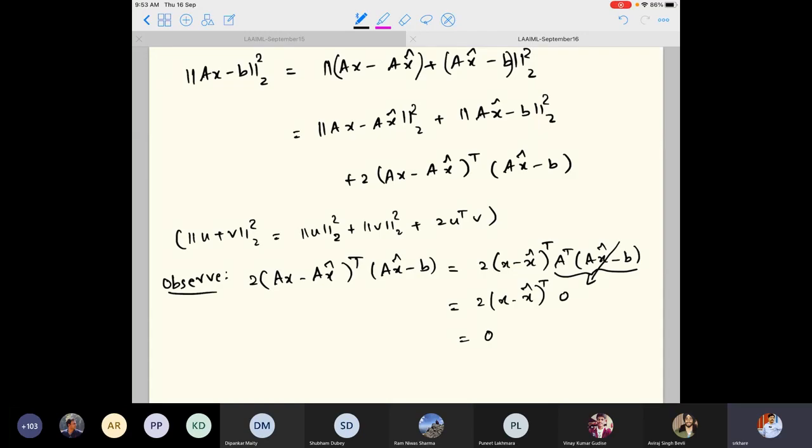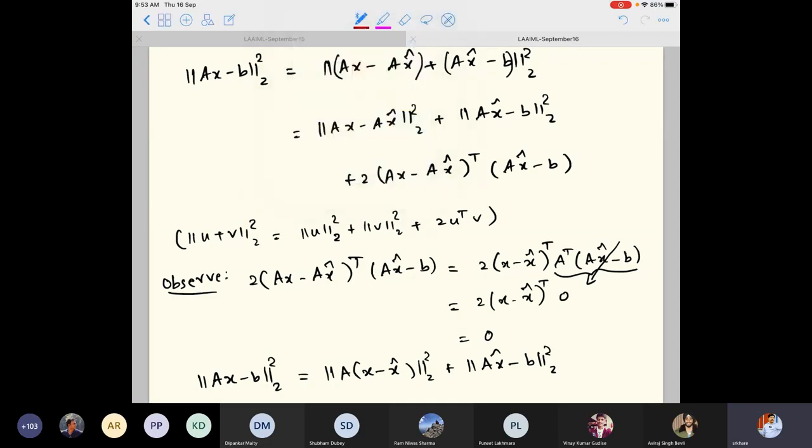And if this cross term is 0, then what are we left with? Norm of Ax minus b whole square is always norm of Ax minus Ax hat whole square plus norm of Ax hat minus b whole square, correct? Now what do you observe here?